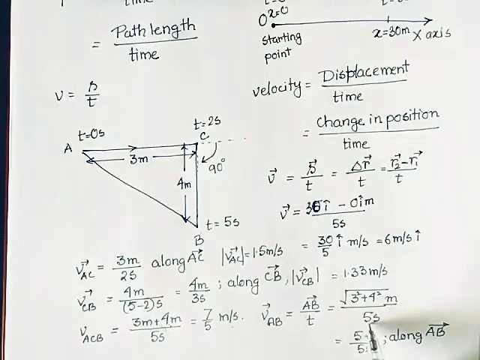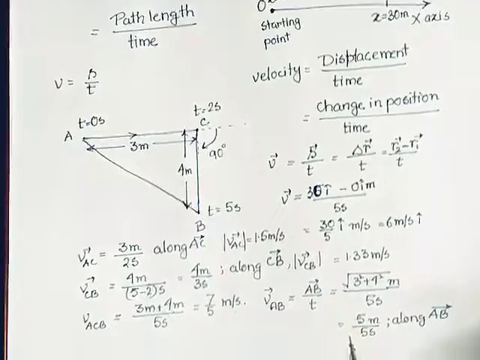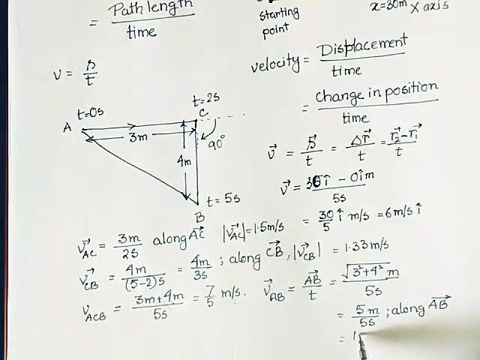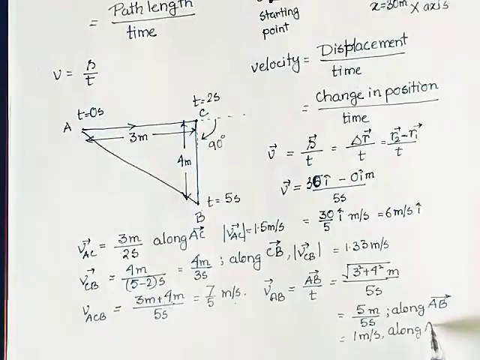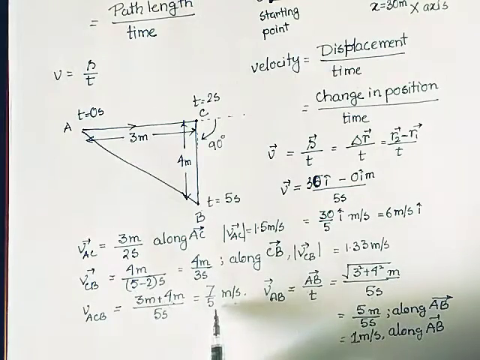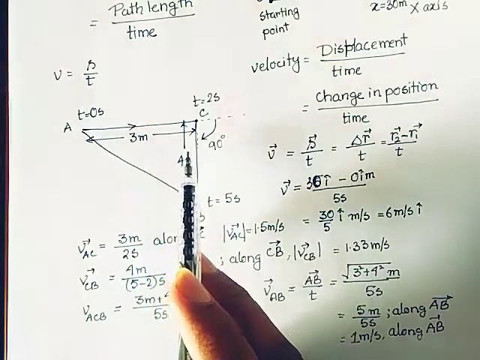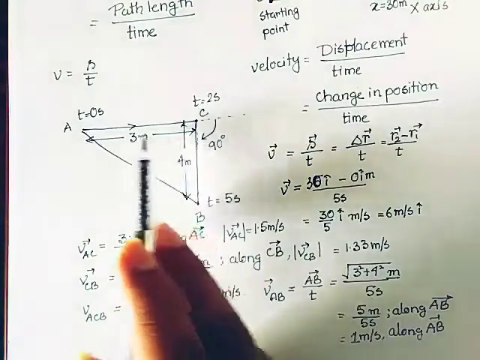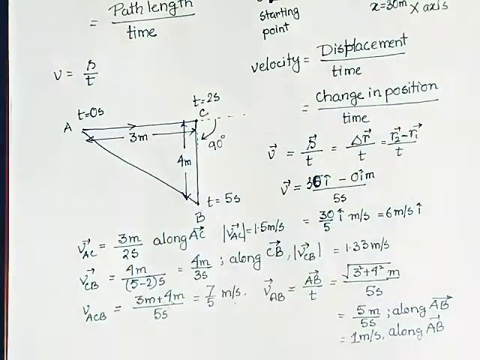So it will be 5 meter divided by 5 second along AB, that is 1 meter per second along AB. So you just see here the magnitude of the velocity and the speed is different. It is different because the particle takes a bend along this path.